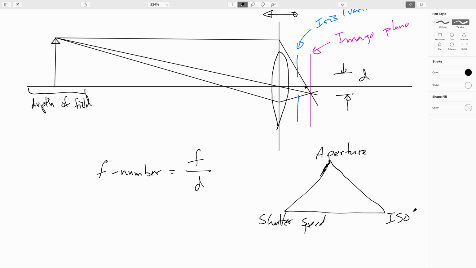So usually photographers will want to keep the ISO as low as they can get away with, given whatever the scene requires for the aperture and shutter speed.